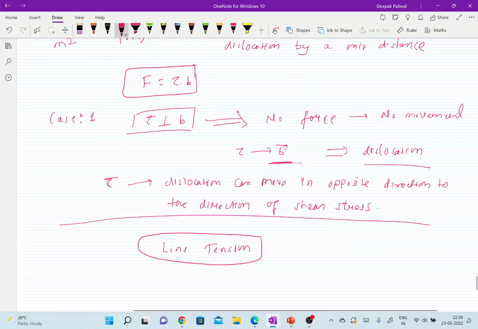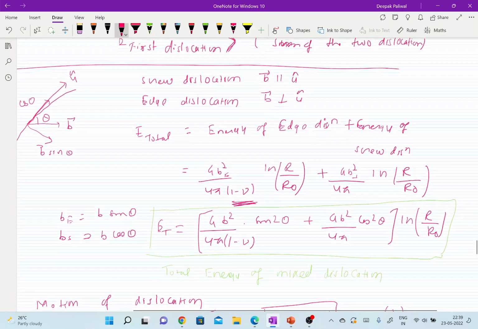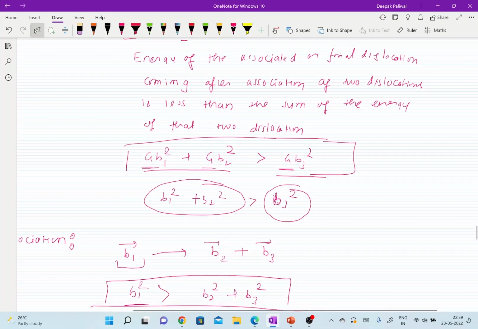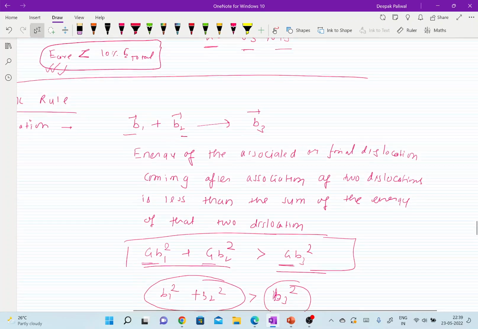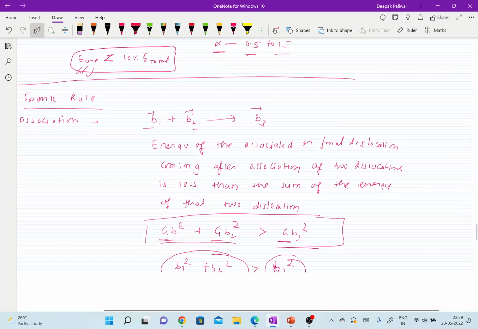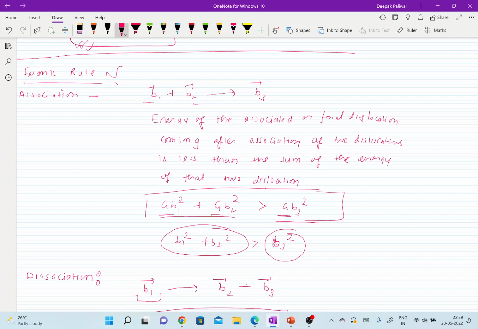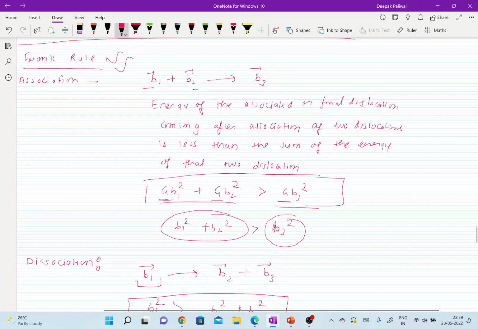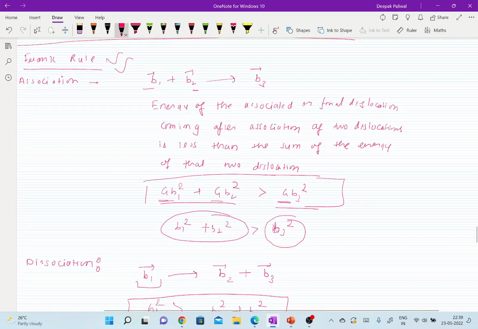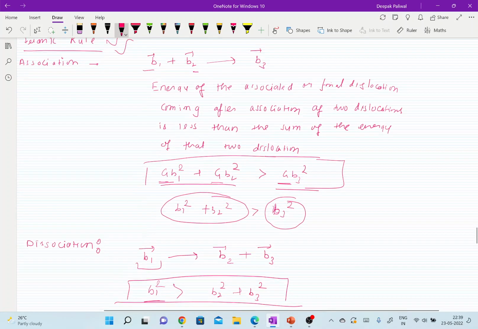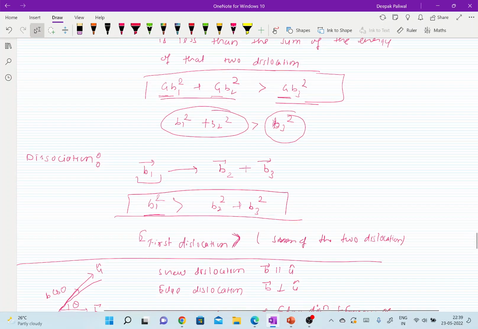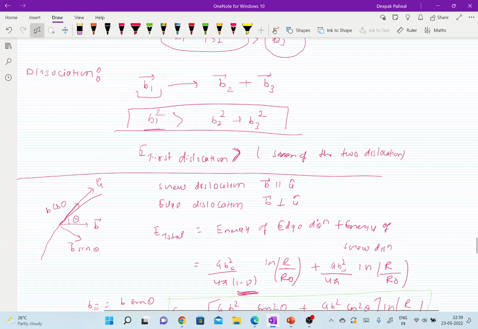In this lecture, we have learned about the association and dissociation of dislocations, and the rule which governs them, the Frank rule, which says that association only happens when the energy is decreasing, and dissociation is likewise only possible when the energy is reducing.